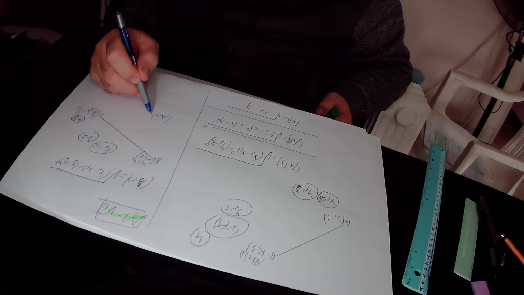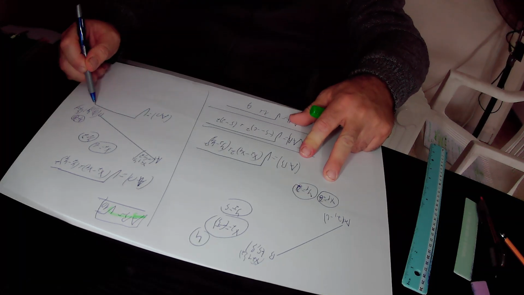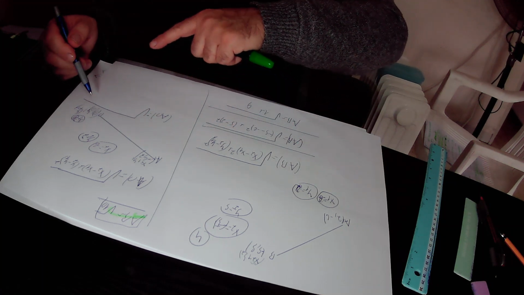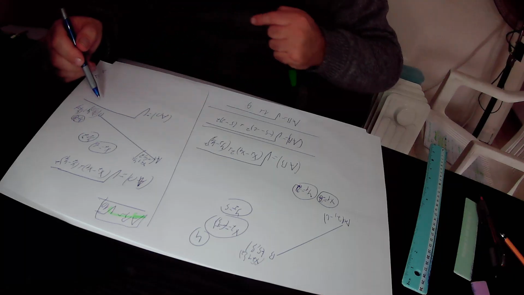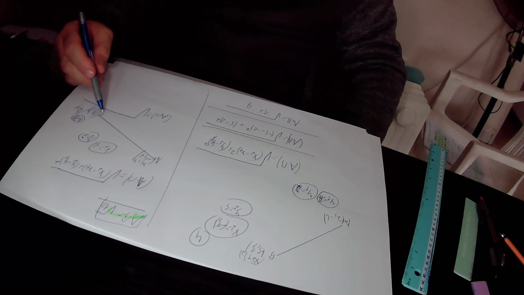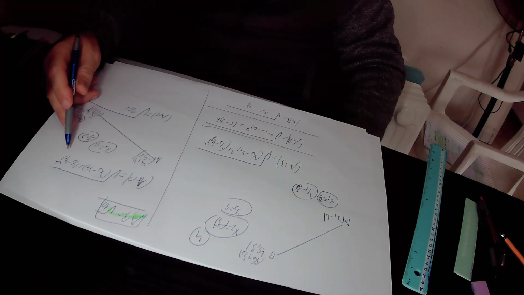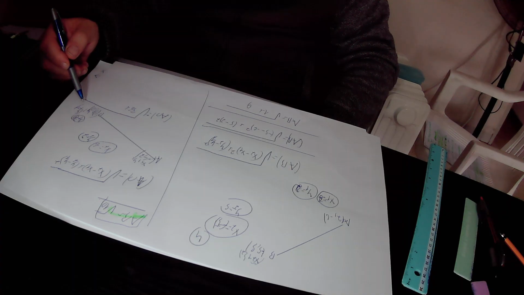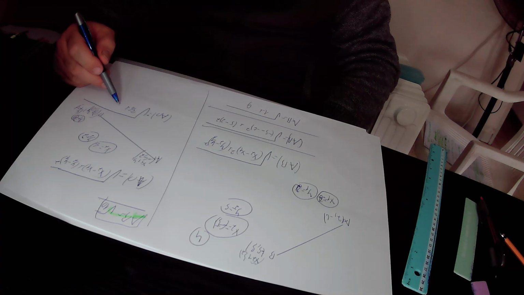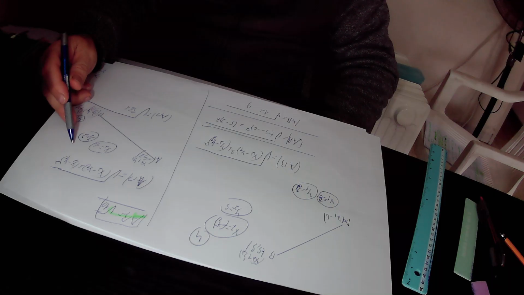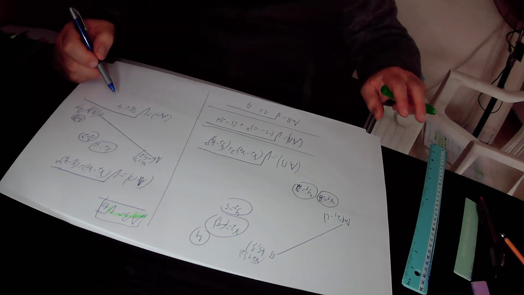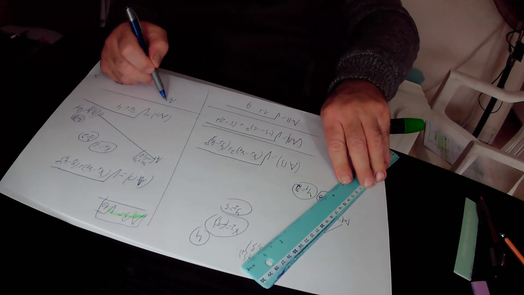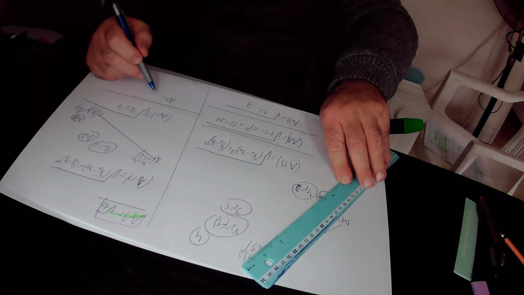AO in total equals the square root of (x2 minus x1) squared. x2 is minus 6, minus x1 that is 0, so it is minus 6 squared, that is 36, plus (y2 minus y1) squared. y2 is 2, minus y1 is 0, so 2 minus 0 is 2, and 2 squared is 4. So in total, (y2 minus y1) squared equals 4. So inside the root we have AO equals 36 plus 4, that is 40.